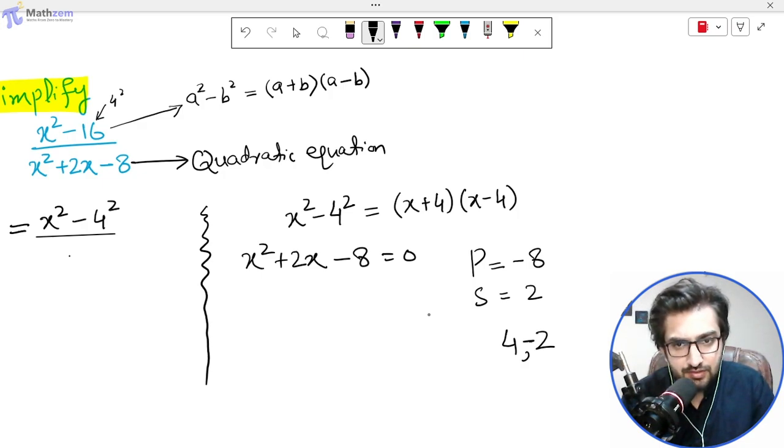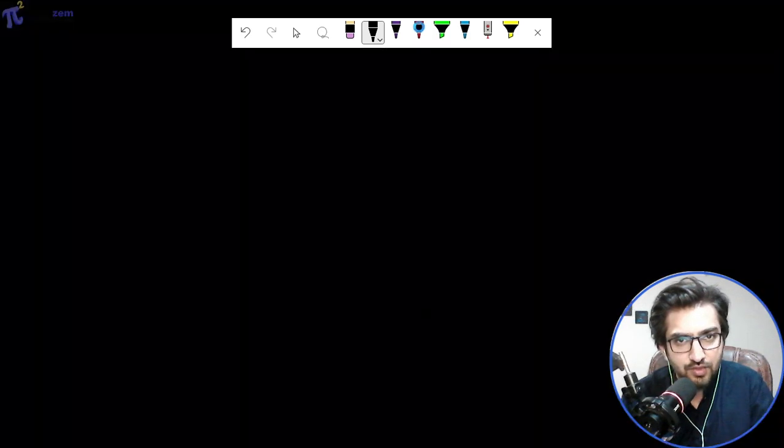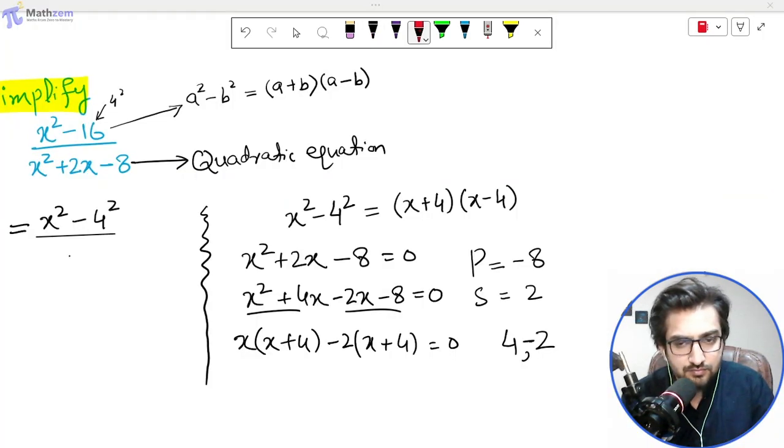Let's put it in the equation. Take common from the first two, and then take common from the last two. Take minus 2 common. You can see x plus 4 and x plus 4 are the same. So write x plus 4 as one bracket, and write x minus 2, what is left, in the next bracket.